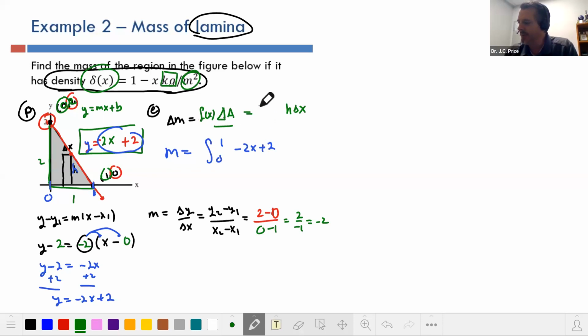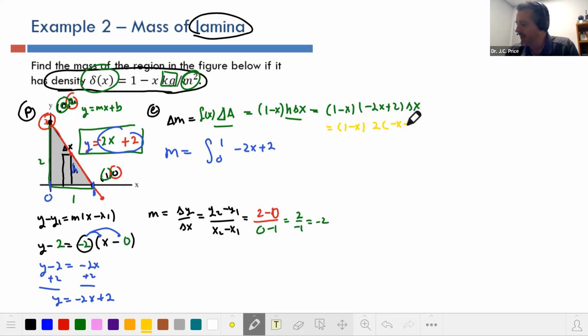And so here I can plug in then this 1 minus x for the delta x. And then I know what my delta A is. It's h times delta x. And so that's going to equal to then 1 minus x, and then times this -2x plus 2 delta x, which actually can be simplified a bit. So this -2, I can pull out a 2 basically, because you'll see here, this is 1 minus x, and I'll pull out a 2 here.